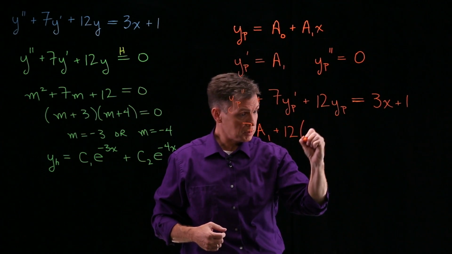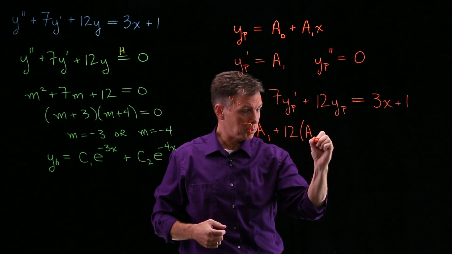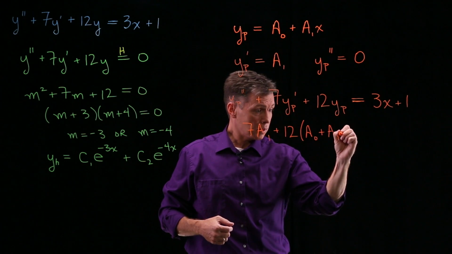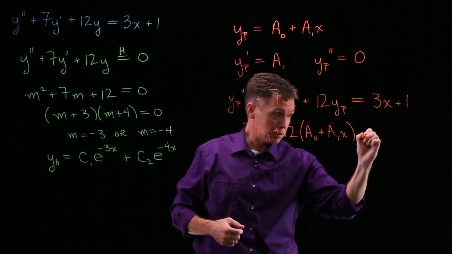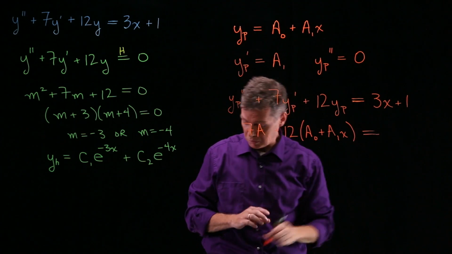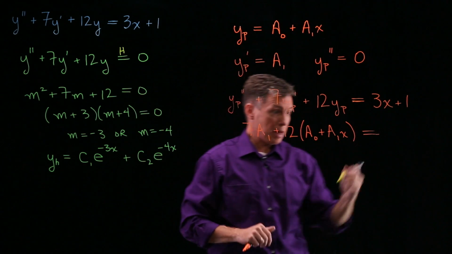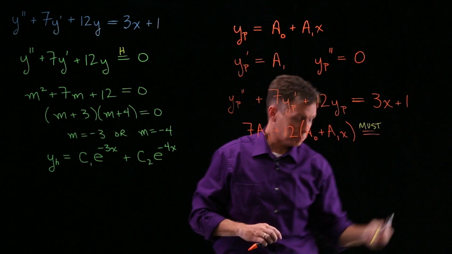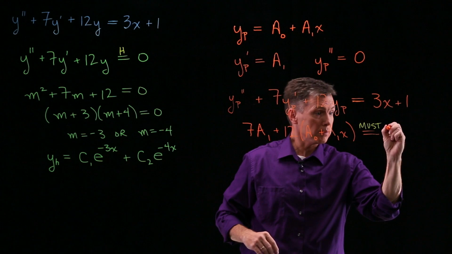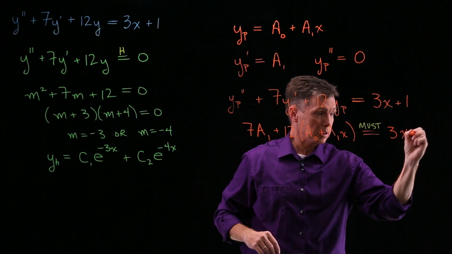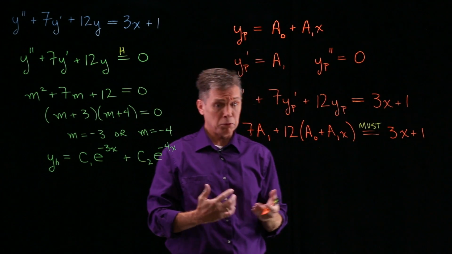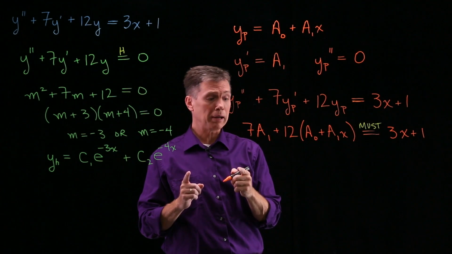I'll put parentheses, 12 multiplies by all of that. And then the magic of this is something we've seen before, that must equal that 3x plus 1. Okay? I say magic because this will give us our values for a0 and a1 when we do a balancing act, which we'll do right now.